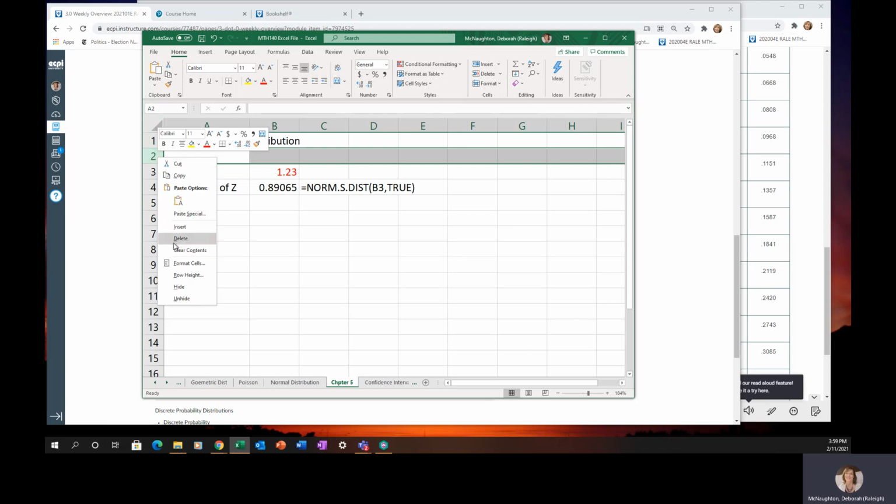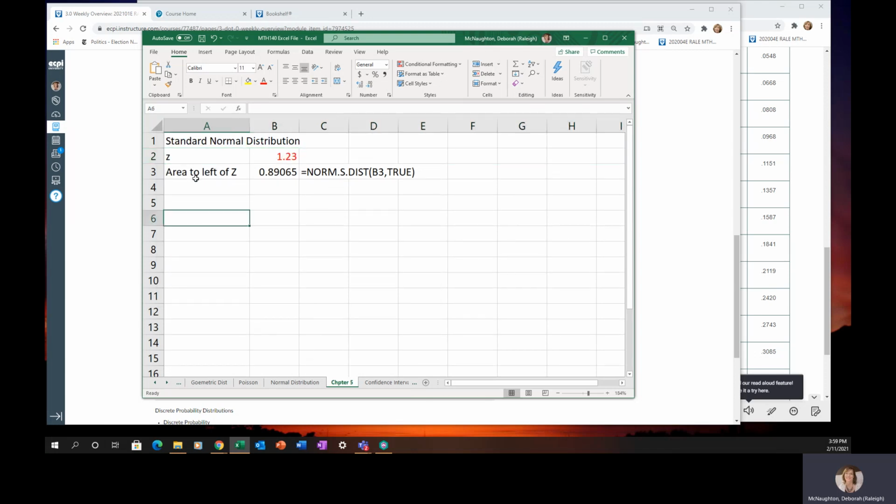And I'll even move this up. Okay, so the area to the left of z, we use norm.s.dist. And then if we wanted the area to the right, then it's just going to be equals 1 minus the area to the left.